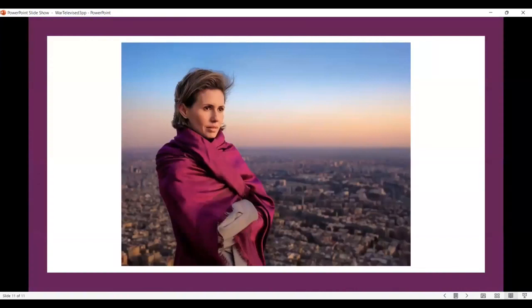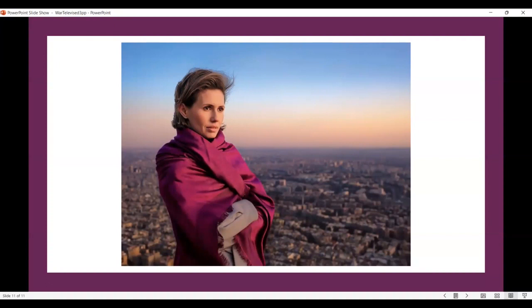And then something completely different. Here we have the First Lady of Syria, Asma al-Assad. Her husband, of course, is Bashar al-Assad. She has been called the Desert Rose, or the Rose of Damascus. She's also been called, less flatteringly, Marie Antoinette.